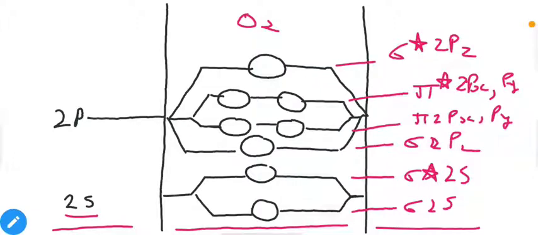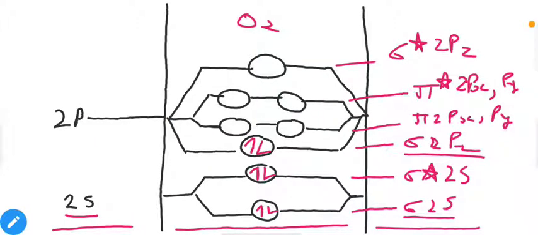So here we have the 2s sigma orbital. So 2 electrons will be added here. Then the next 2 electrons will be added in sigma star 2s. Then the next 2 electrons will enter the p orbital, the pz orbital, which is sigma 2pz.